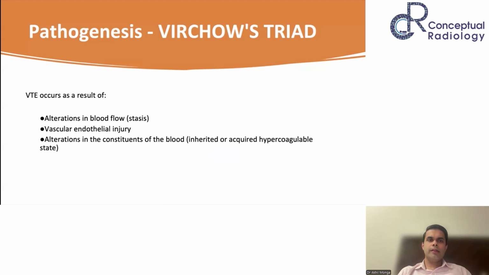So this is something that you must remember, and always try to make sure that whatever is the inciting issue, whatever is the problem, is taken care of in all three areas. The vascular injury, what to do about it, and whether there is a differential blood composition, then you might have to keep anticoagulation lifelong. And if there is alteration in blood flow stasis, then mobilization and physiotherapy are important to prevent a secondary episode.